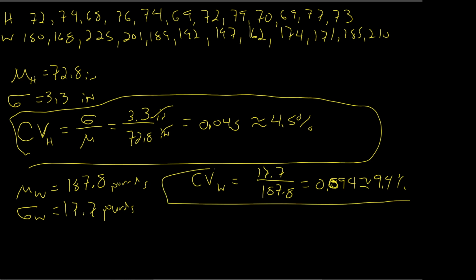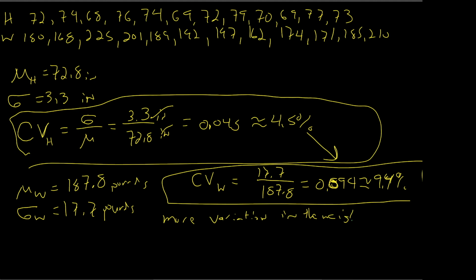And we can say that the weights have more than twice the spread, right? Or at least twice the variation. And so the weights are more variable. There's more variation in the weights. And so this lets us compare two different things and see which one varies more.